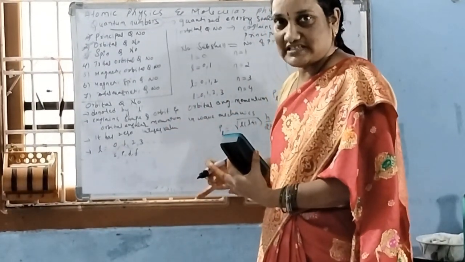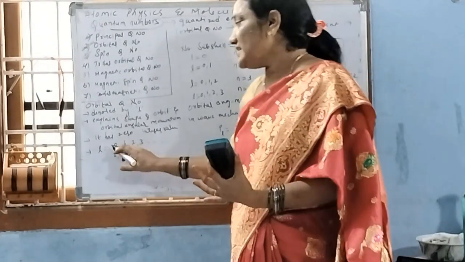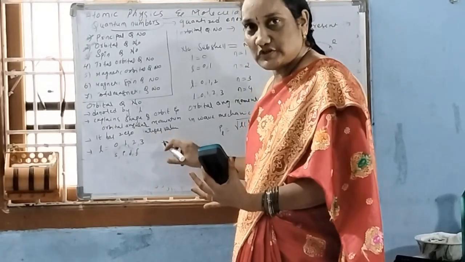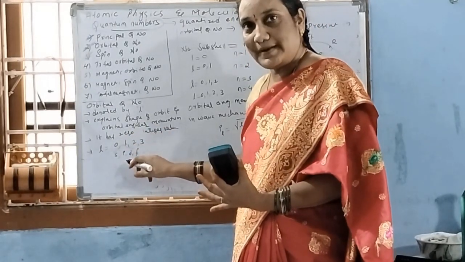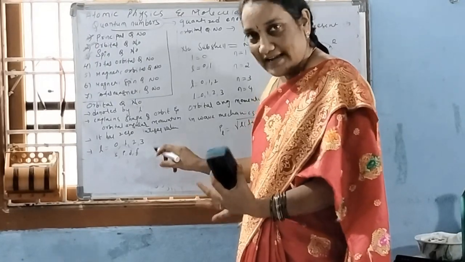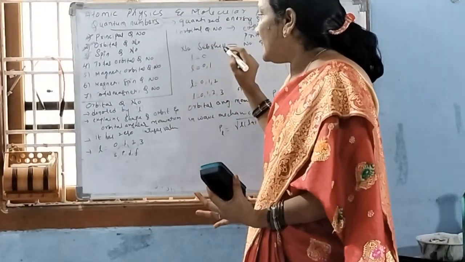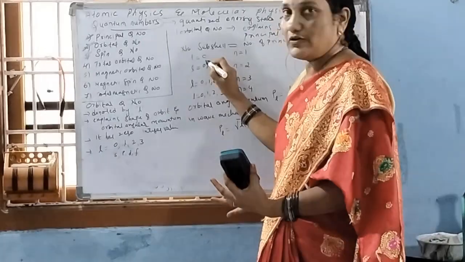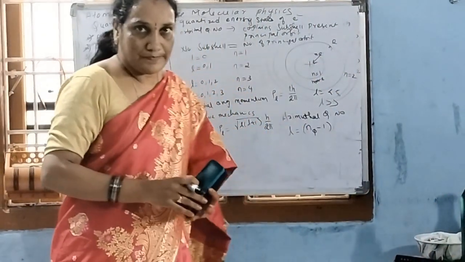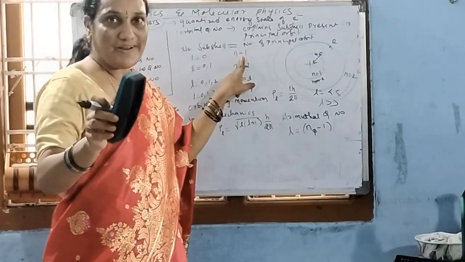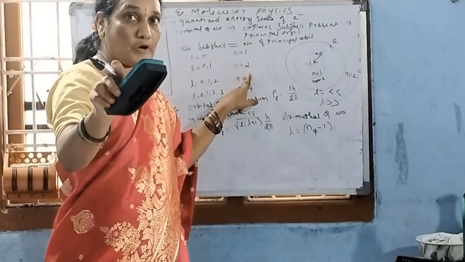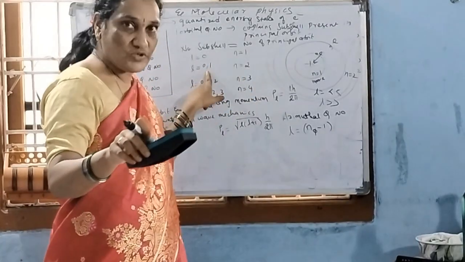It starts from 0, 1, 2, 3, and so on, represented by the letters S, P, D, F. The number of subshells is equivalent to the principal quantum number: if it is 1, no subshells; for the second principal orbit, 2 subshells.